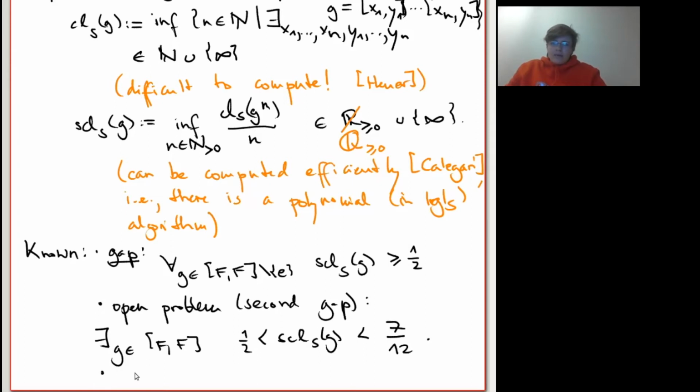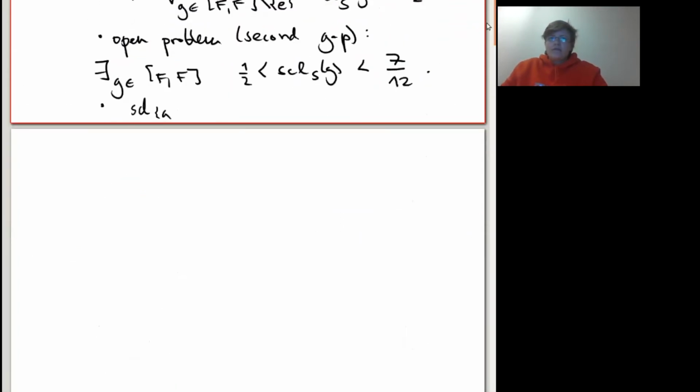Okay, and maybe also let me give you one example computation. So the stable commutator length, now you can't see this anymore probably, so let me move this up.